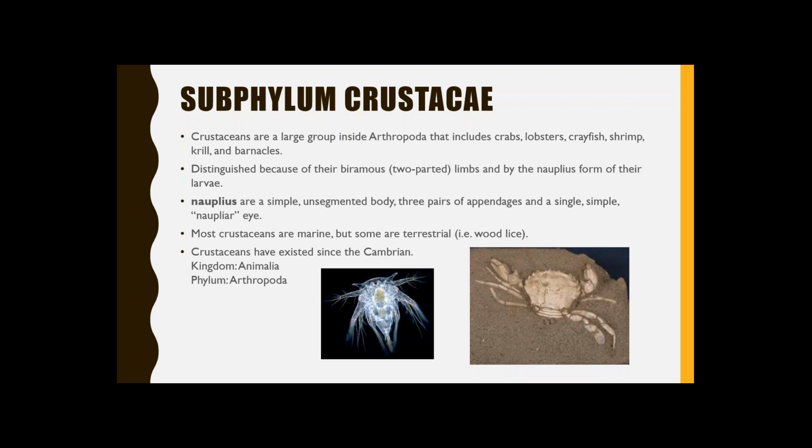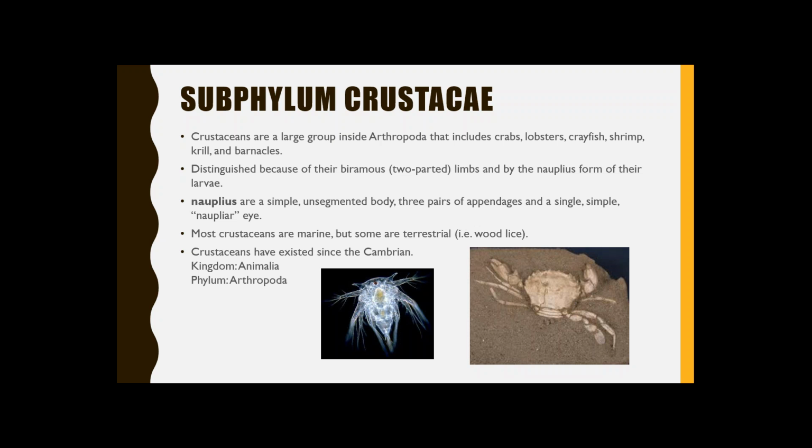Unlike spiders or flies, which are also part of the Arthropoda, they have very distinct babies. If we look at a fly, when it has its offspring, it starts off as a maggot. Or if we look at a spider, it has an egg, and then when the spider comes out, it looks just like the big one, except a smaller version.